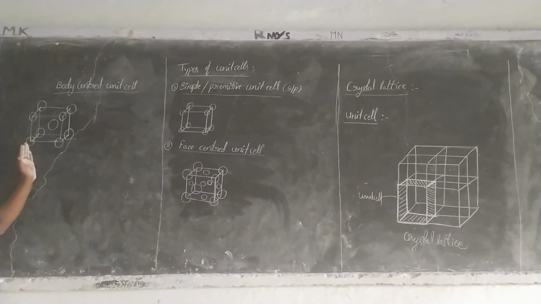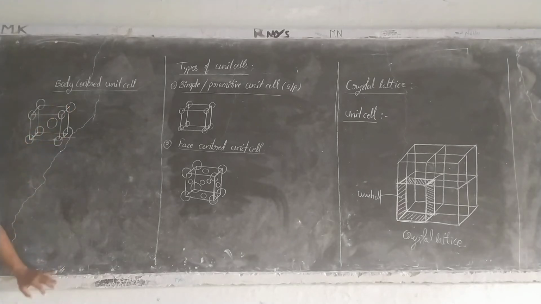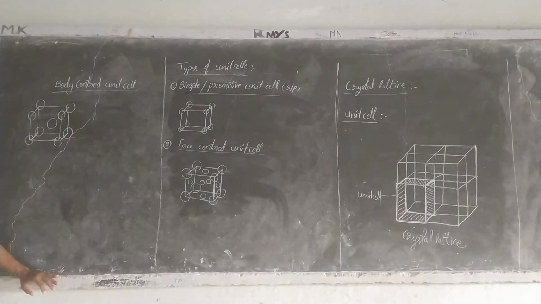Do you see it? Corners of the unit cell and center of the body. This is called a body centered unit cell.